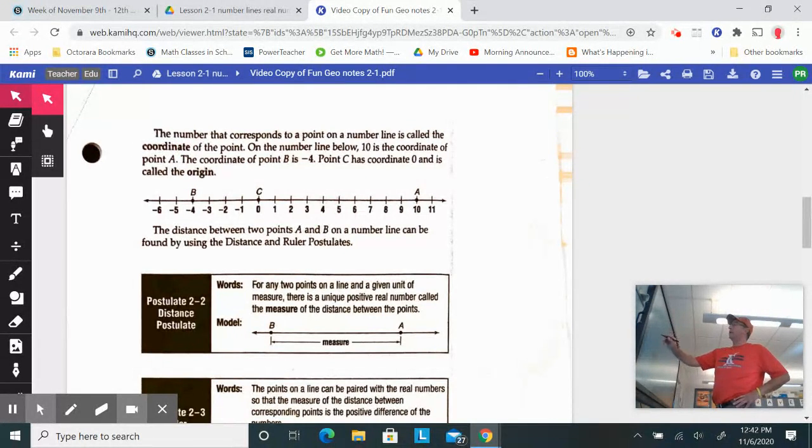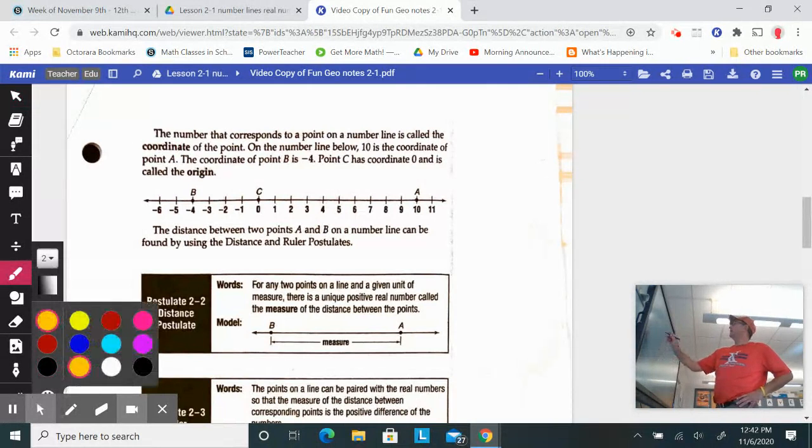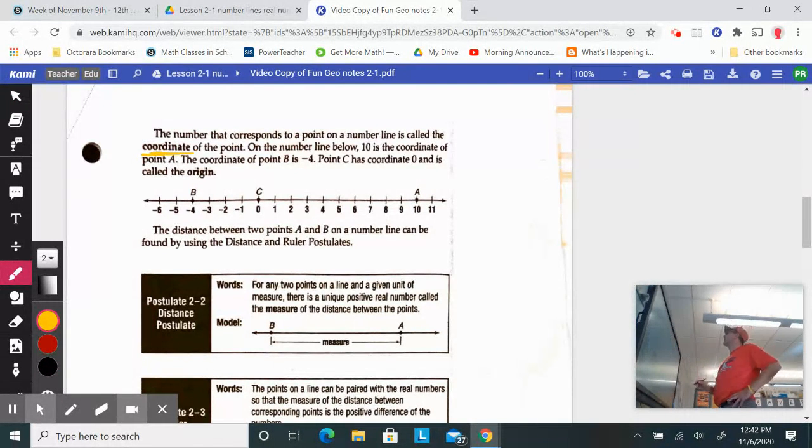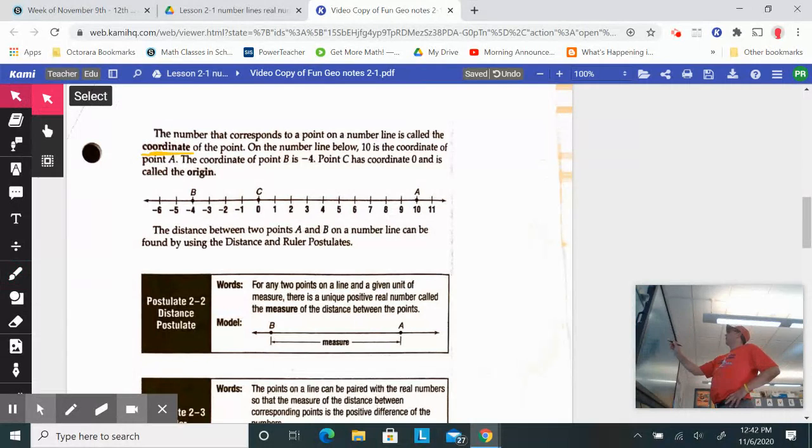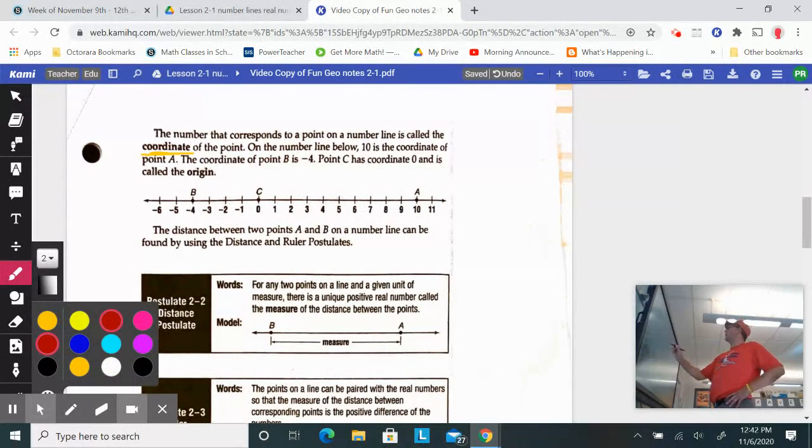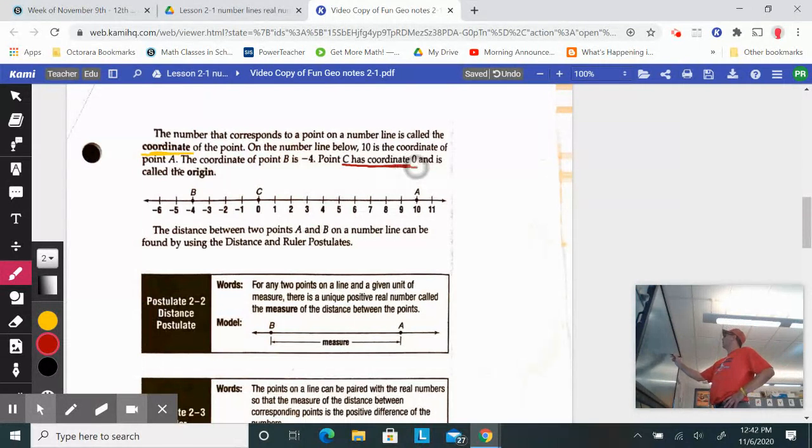So it's called a coordinate. Let's underline that. On the number line below, 10 is the coordinate of point A. The coordinate of point B is -4. Point C has coordinate 0 and is called the origin, which is right there. Pretty obvious.